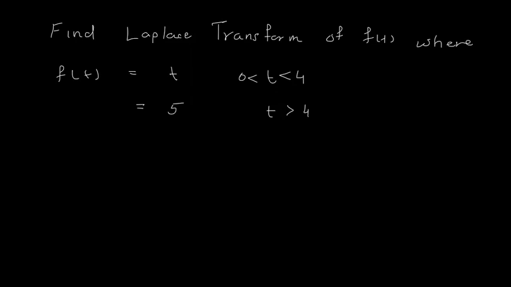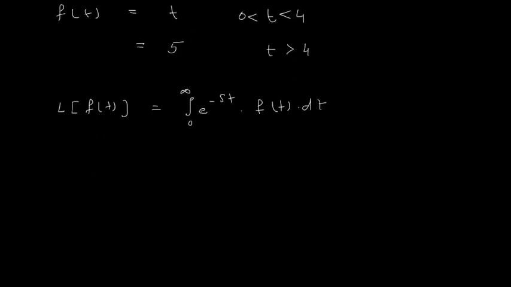Now Laplace of f of t, if we see its definition, it is 0 to infinity e raised to minus st into f of t dt. Now the function f of t is defined differently for different intervals: when t is between 0 and 4 it is defined as t, and when it is more than 4 it is defined as 5.